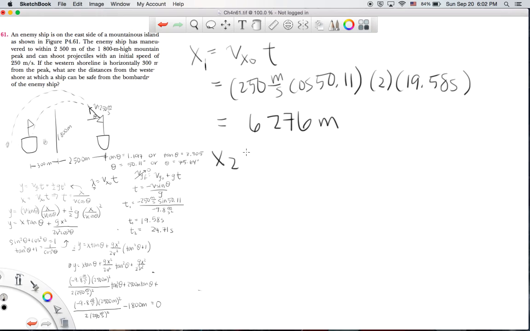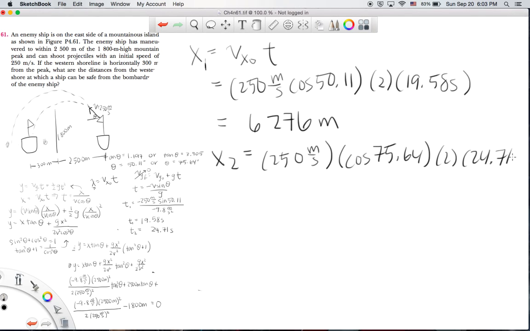And then for x2, when the launch angle is at its maximum of 75.64, we plug in 75.64 times 2 times 24.71 seconds, because that was the amount of time that it took for the projectile to get to its highest point when launched from the maximum angle of 75.64 degrees. And then for that, we'll get 3,065 meters.